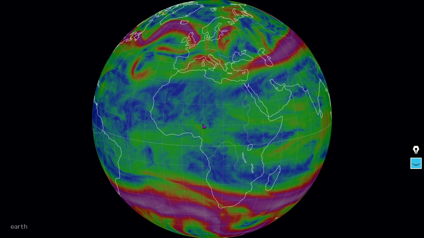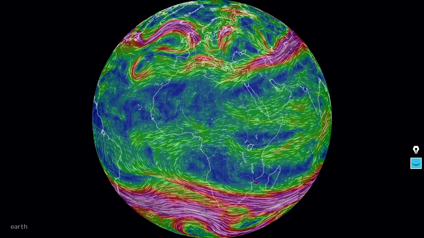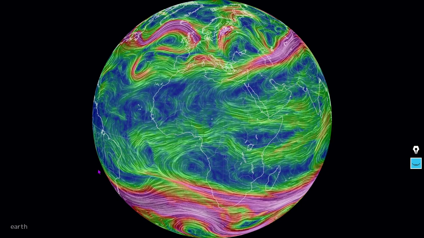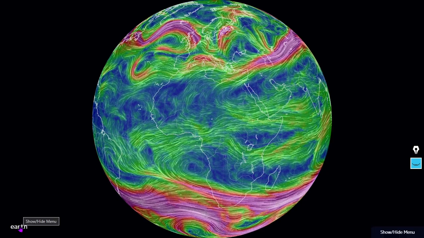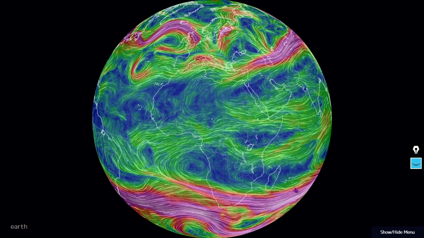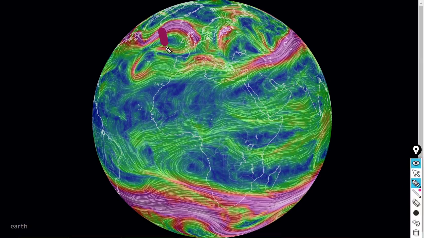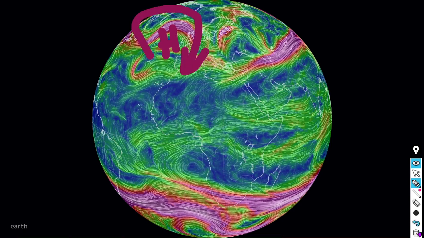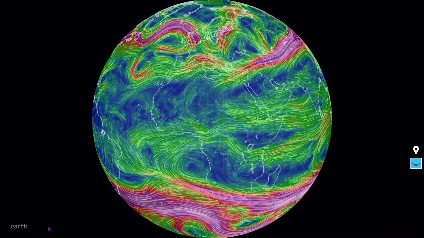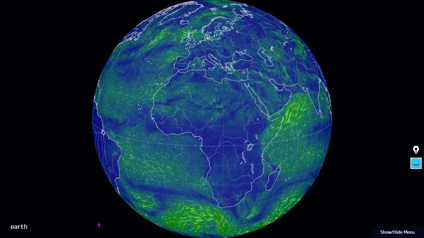Here are the jet streams of Europe, Africa, and the Middle East. We've got an anticyclone off the coast of Scotland as well. You can see a clockwise rotation there. The signature of an anticyclone, high pressure system in the northern hemisphere. Here are the surface winds of this side of the planet.